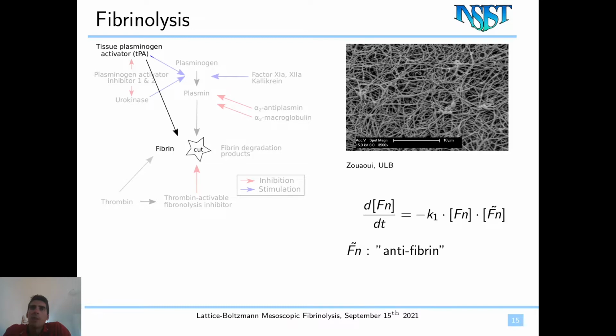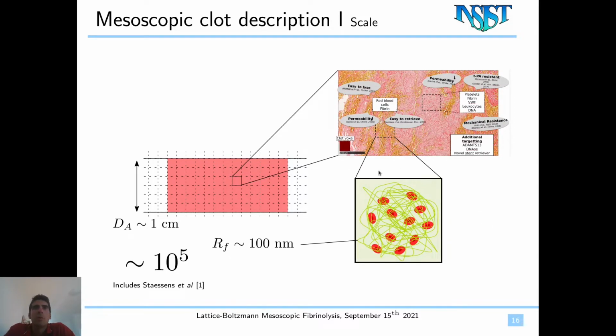But for this, we need an accurate representation of our blood clot. So the approach that we chose takes its meaning from the following consideration. The diameter and the length of a typical thrombus in an ischemic stroke patient is centimetric.